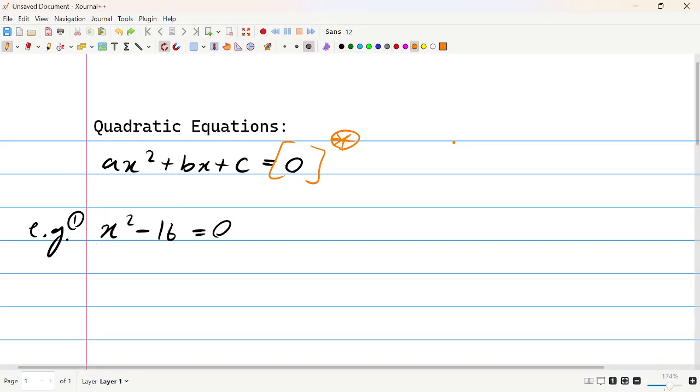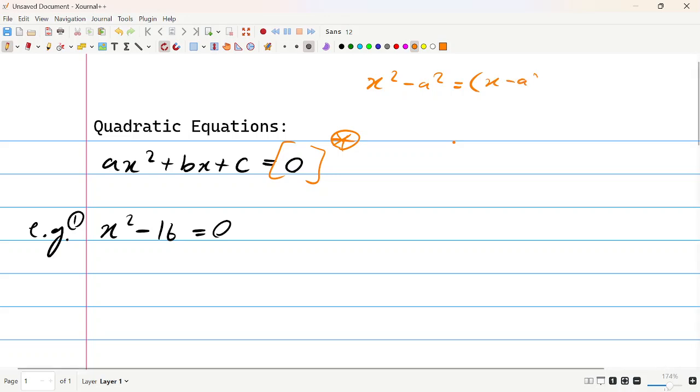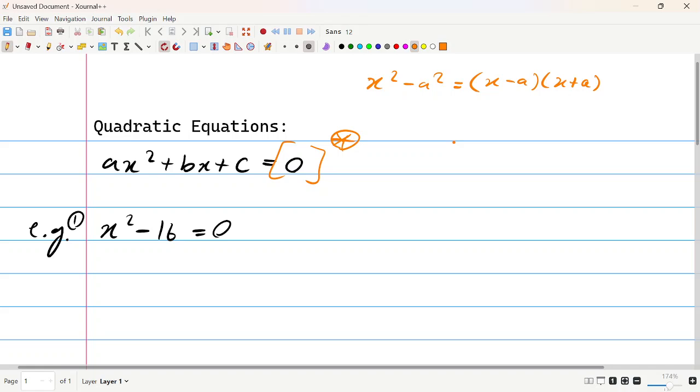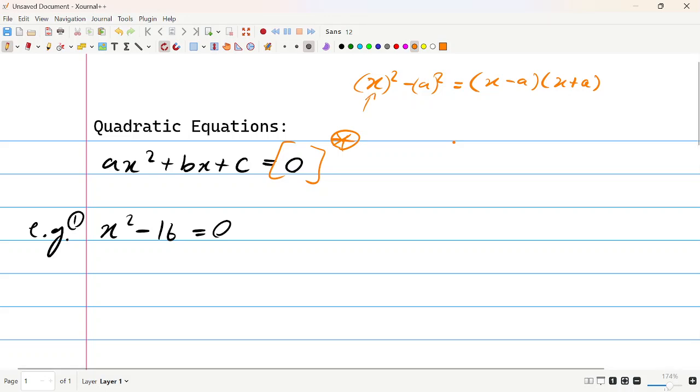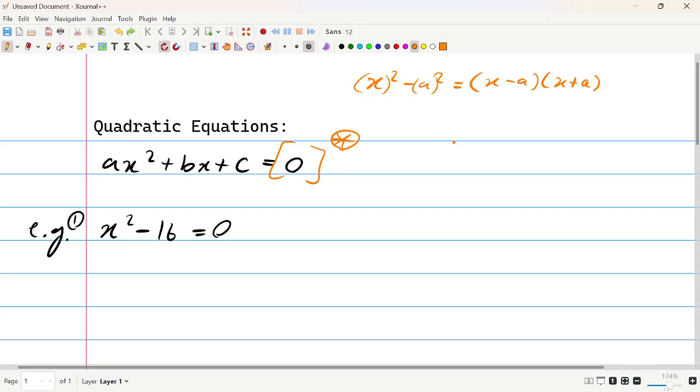And remember that if we have x squared minus a squared, then it'll be brackets multiplying each other, where we have x minus a multiplied by x plus a, where clearly x and a are separate, and most of the time the coefficients lie within x, and then a would usually be a constant, but not always.